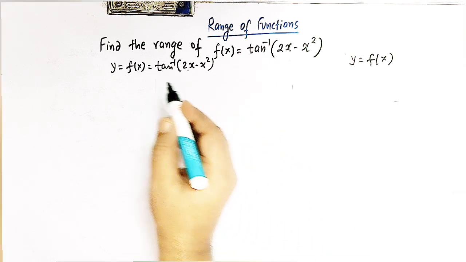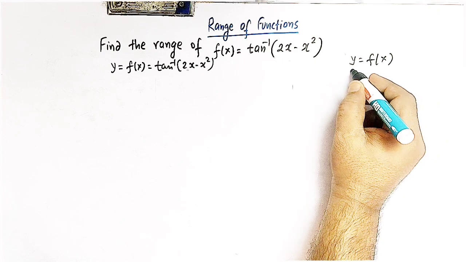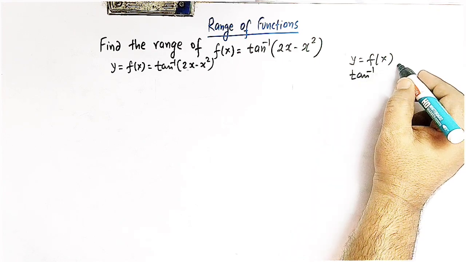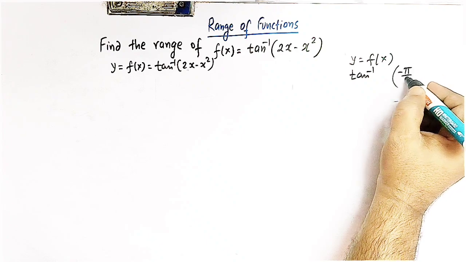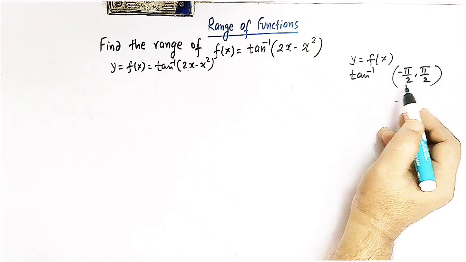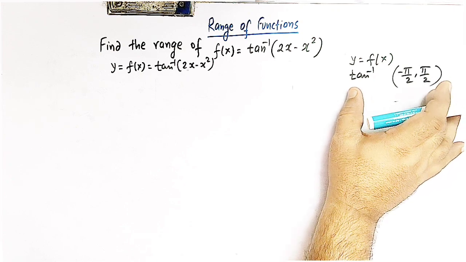And then from inverse trigonometric functions, we know that the range of the function tan inverse is given by -pi by 2 to pi by 2, right? And here we have the open interval. So this is the second thing.